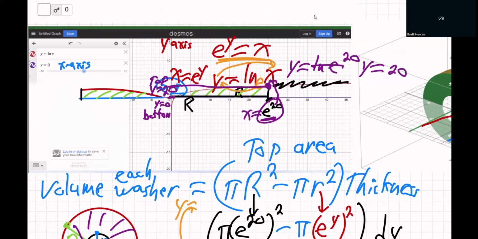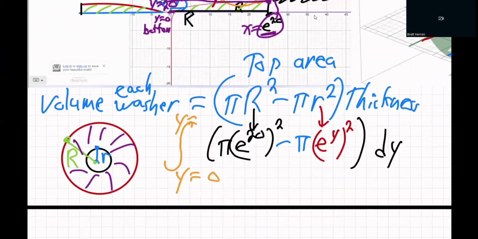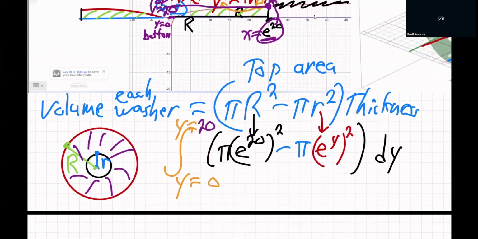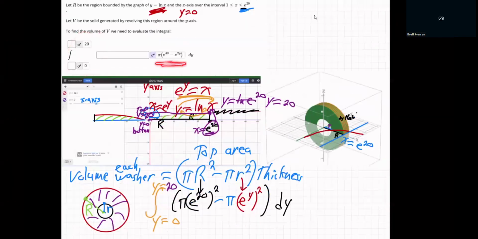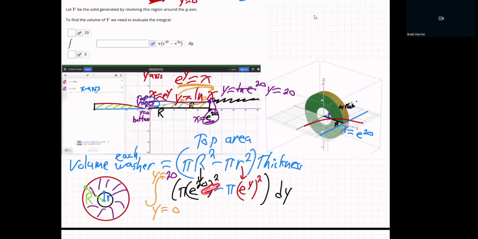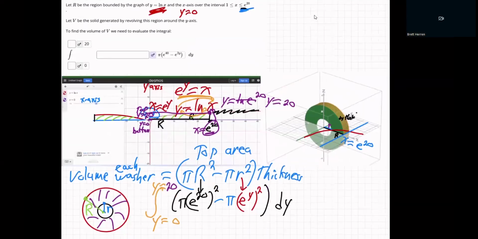Top is y is 20. So we're integrating from 0 to 20. And there we go. There's what it is, 0 to 20. Pi e to the 40th, they just multiplied those, minus pi, and they factor the pi in the front, e to the 2y. So there we go. Just as easy as that.